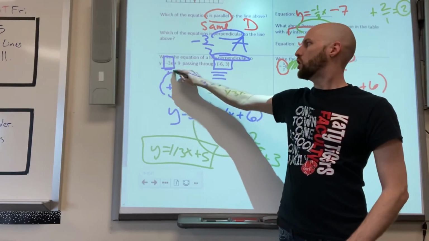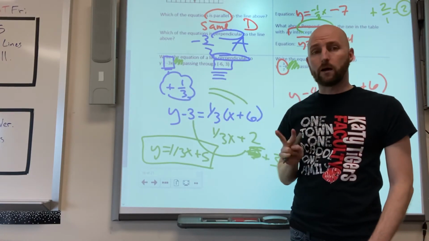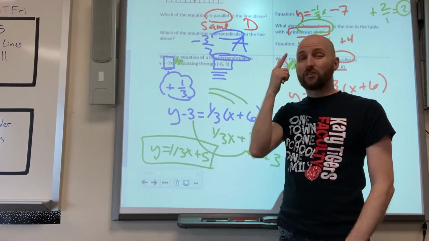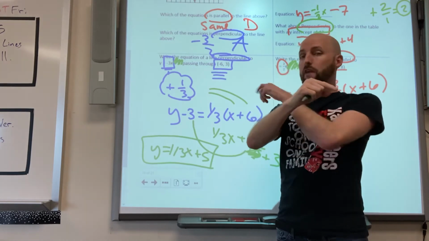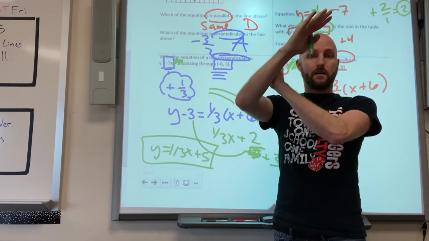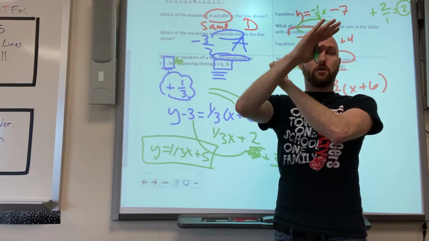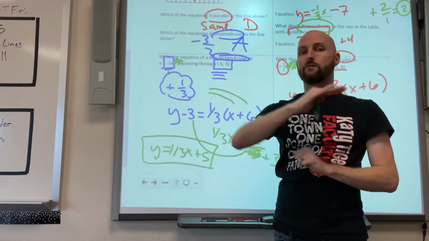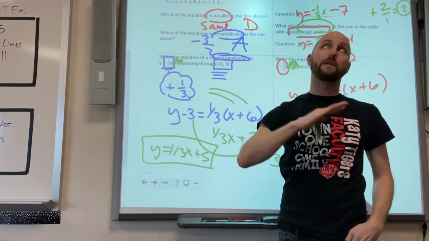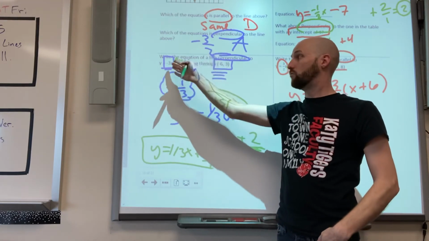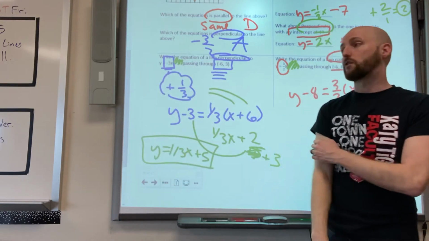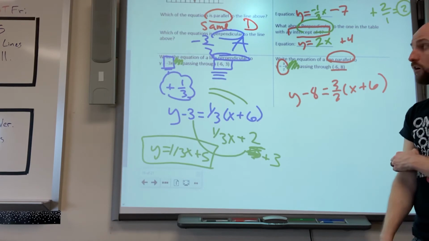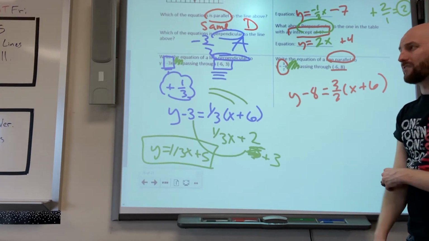Ese +9 no necesitaba. I didn't need those two numbers because I just need to know the slope. Okay? Porque el punto de inicio puede empezar donde quiera. La línea paralela va a tener su propio punto de inicio. No me importa su punto de inicio, solamente me importa su movimiento, su slope. Okay, so I don't really care where the other line starts. I need to just know what is the slope.